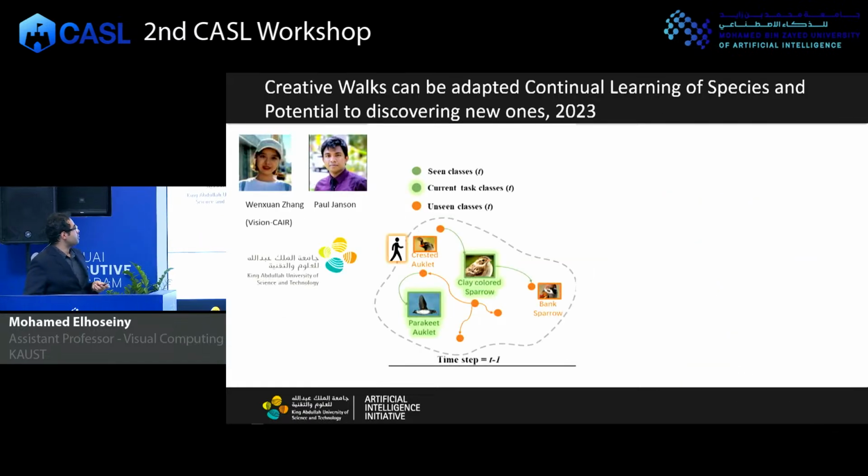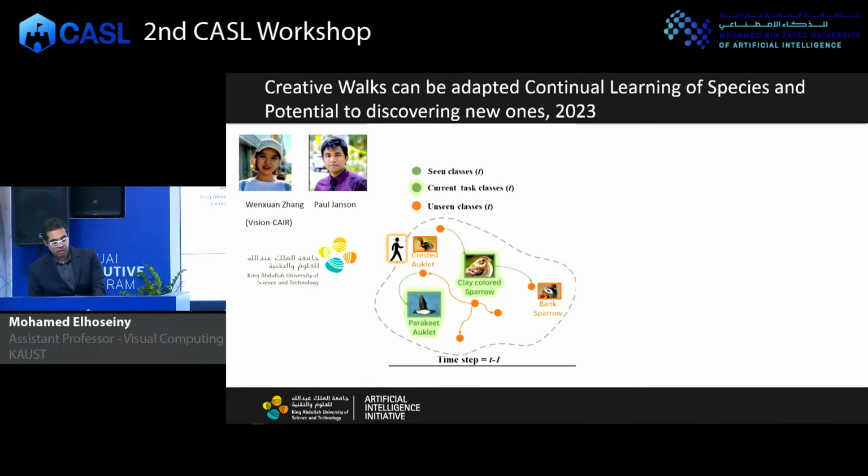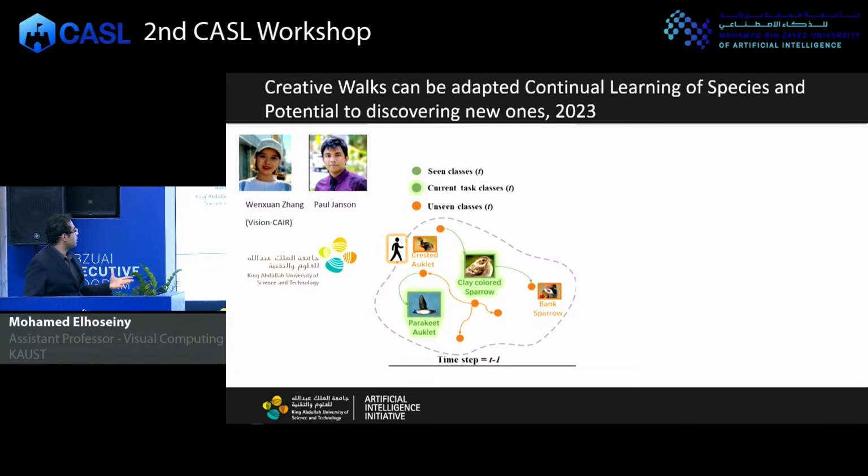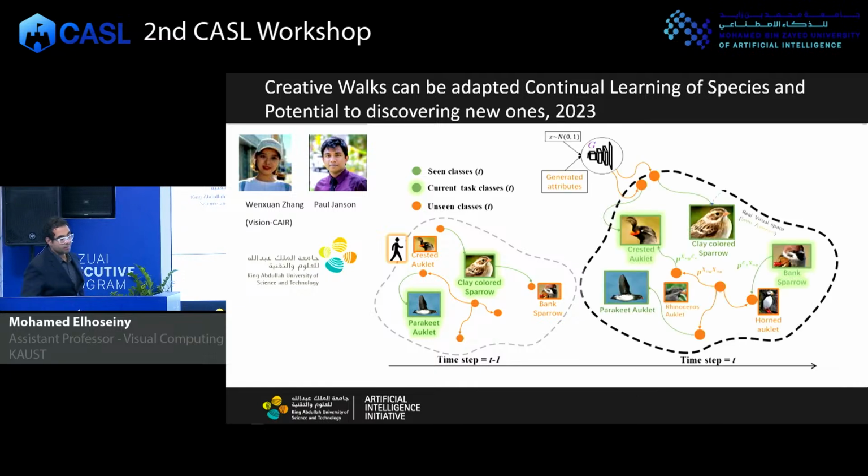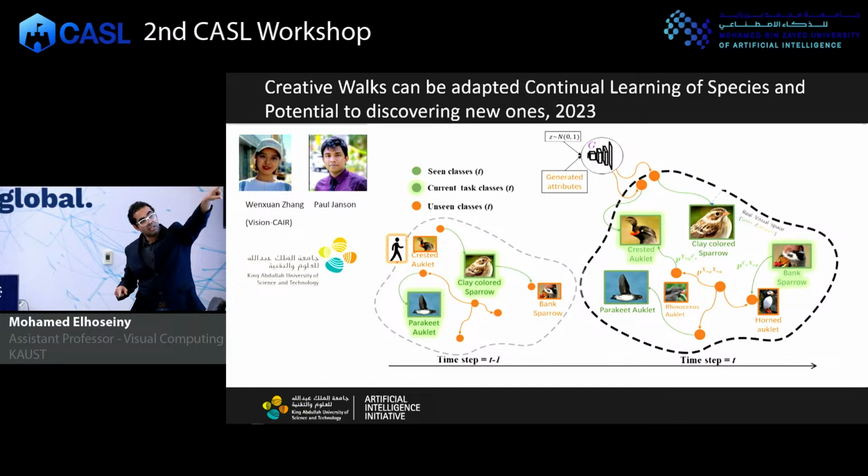All right, so recently in 2023, we made some development on top of this by encouraging the random walk loss that we talked about earlier. Same thing, but we made it conditioned on these hallucinated attributes.